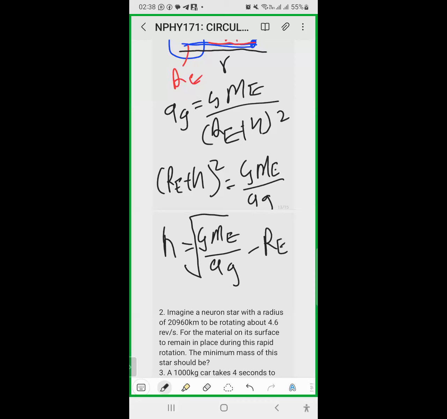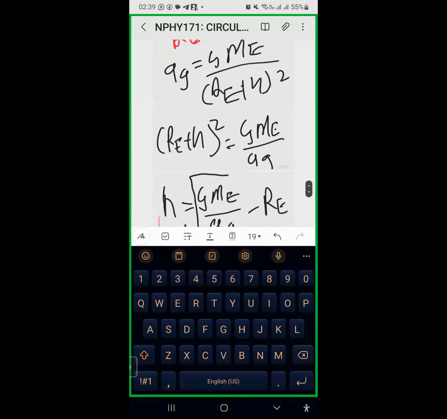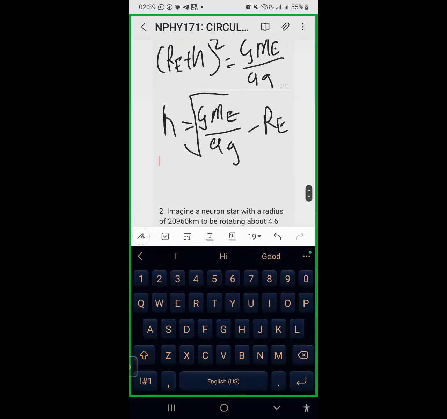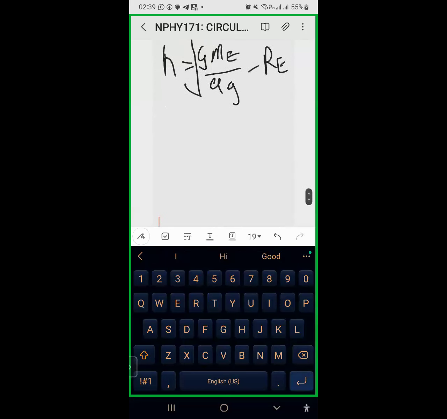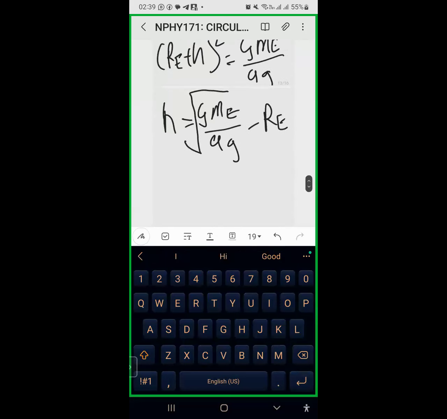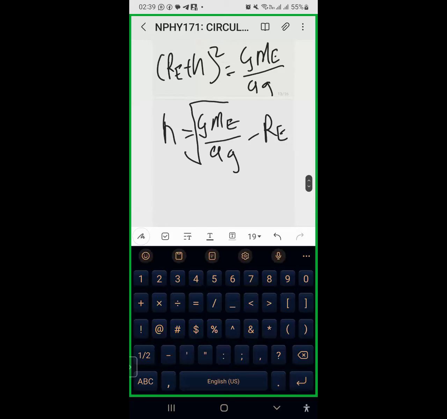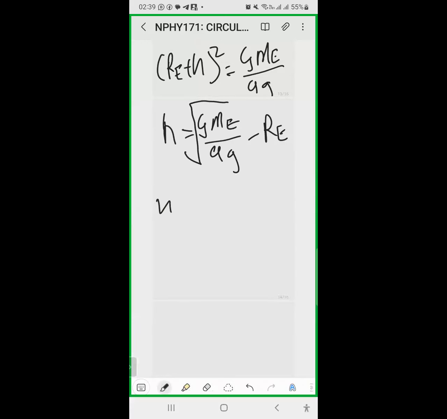Okay, so we know the value for the radius of the Earth. We know the gravitational constant. So we can substitute what we have and then find the unknown. So h will basically be given by the square root of what? Of the gravitational constant. So I'll just write them there. You'll substitute them.